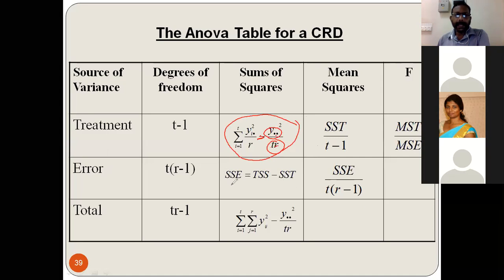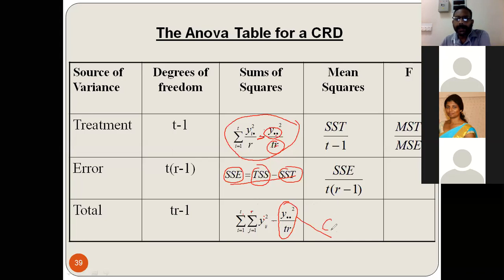The sums of square of error is simply calculated as total sums of square minus sums of square due to treatment, SST. This is the total sums of square. So total sums of square is given as the double summation of Yij square, where i is from 1 to t, j is from 1 to r, minus again grand total square divided by tr.